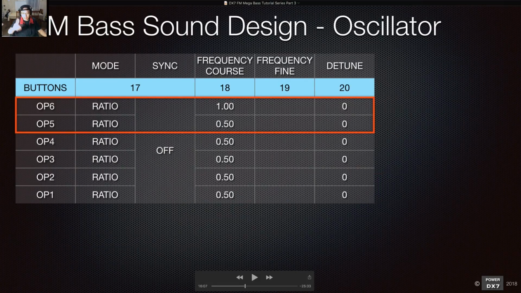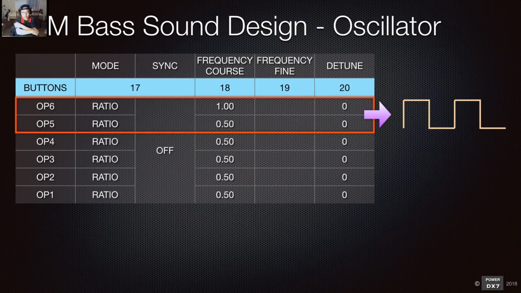Okay, so we've kind of covered the oscillator things. Let's have a look. If you have operator 5 with a ratio of 0.50 and operator 6 at 1.00, you get a square wave. So if the ratio is 1 to 2, then you make a square wave.